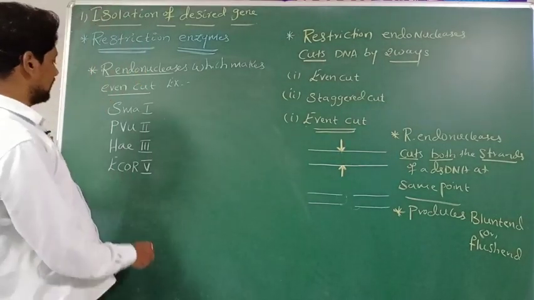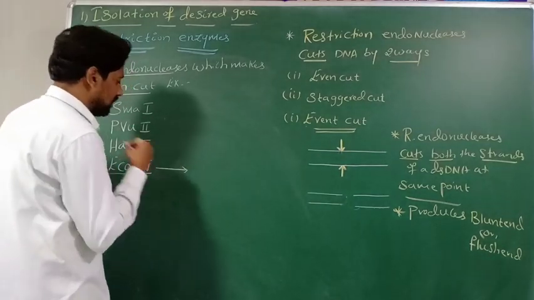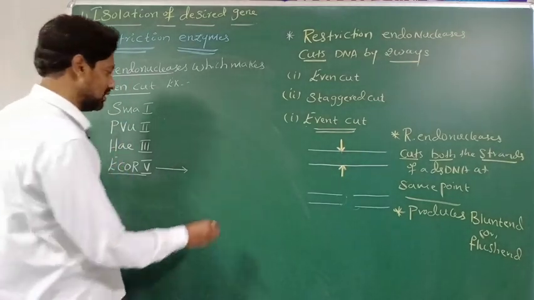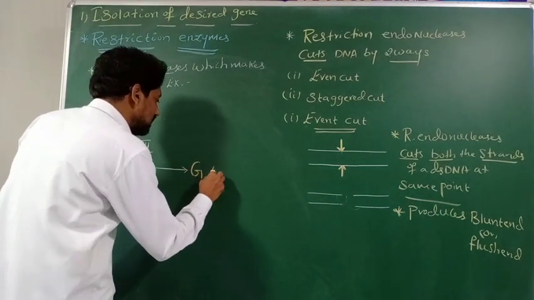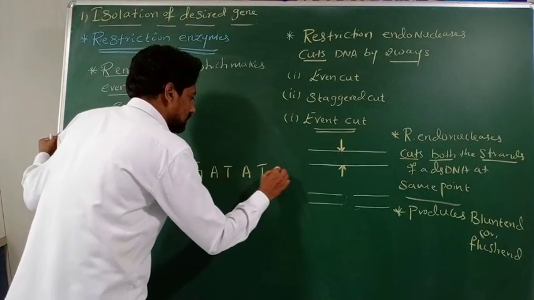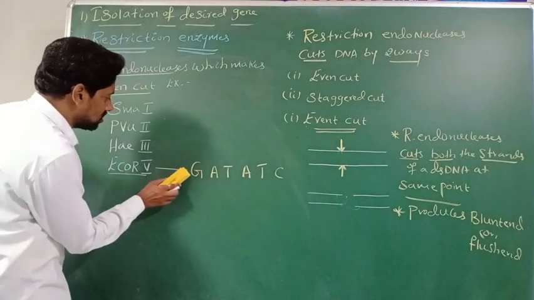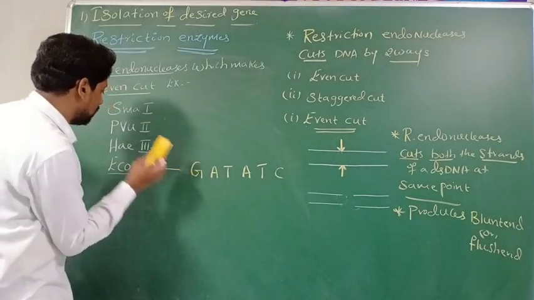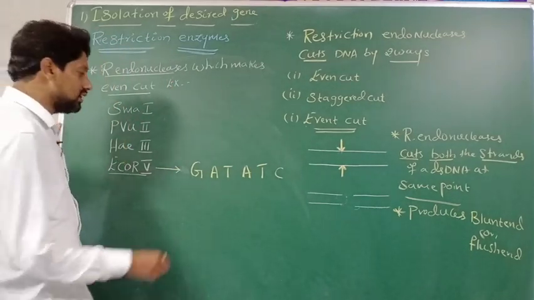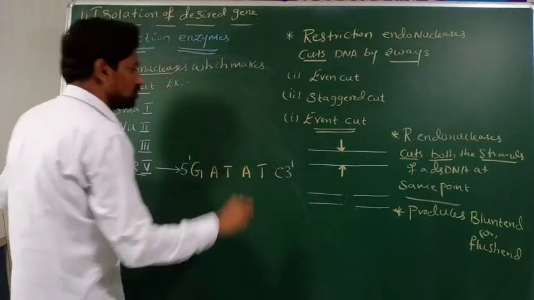Now listen here. Take EcoRV. The recognition sequence, the recognition site or restriction site for EcoRV is GATATC, from 5 prime to 3 prime.